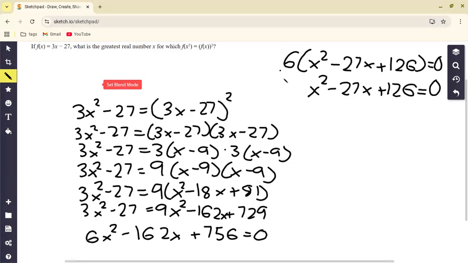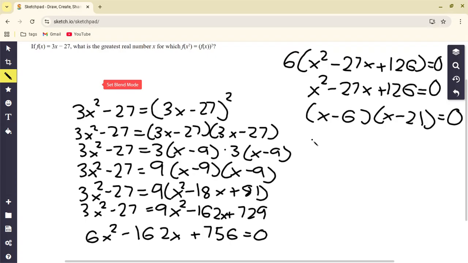So something that stands out to me is x minus 6 and x minus 21, which you can see indeed when you multiply together gets 126, and when you add together gets negative 27. And now we can solve for x.